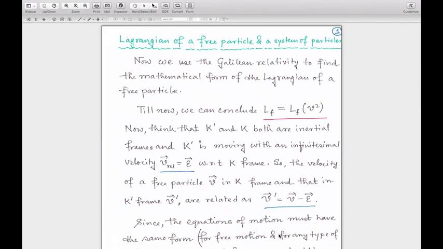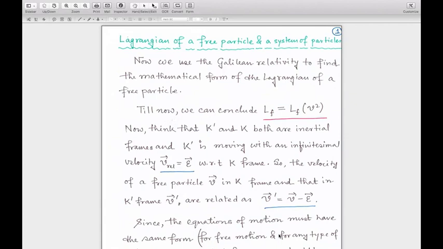According to the discussion till now, inertial frames are such frames of reference in which space and time are both homogeneous and space is also isotropic.